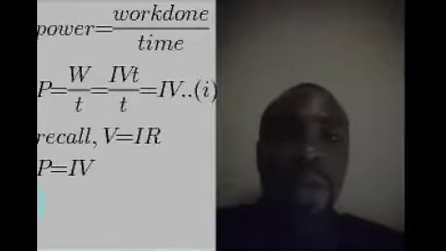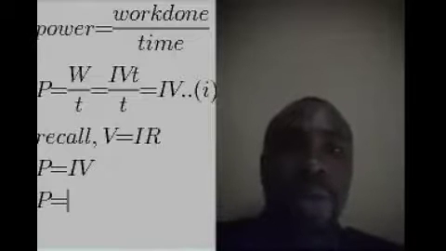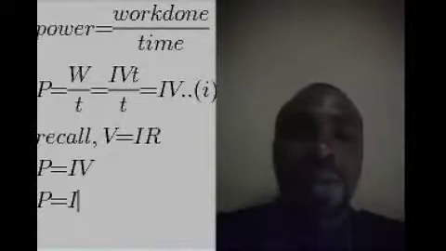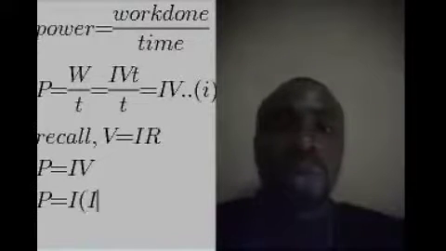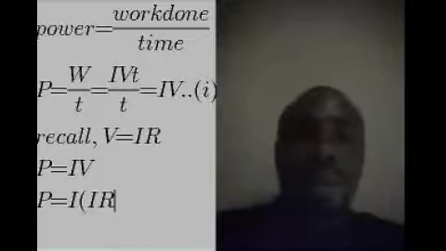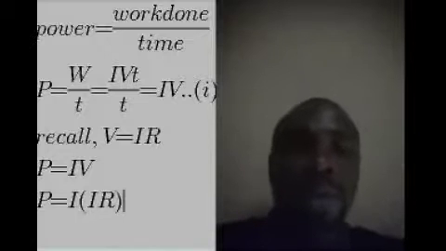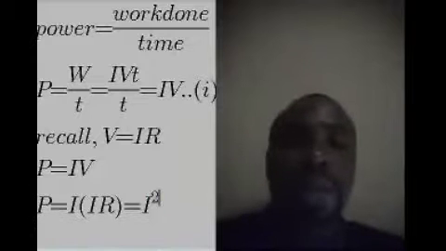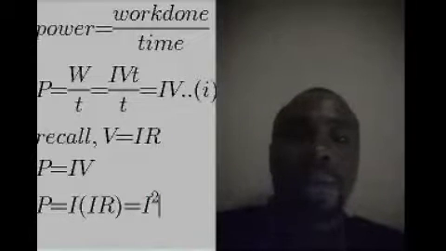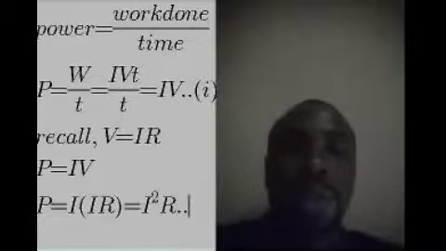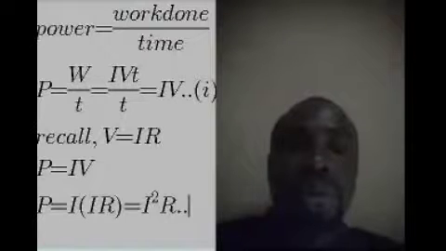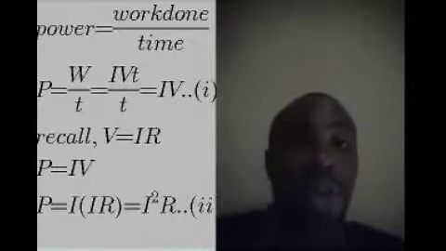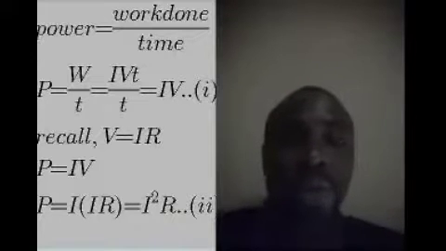We now have P is equal to, well, let's just put I times I, okay? Which gives us I squared R, right? And we call that equation 2.